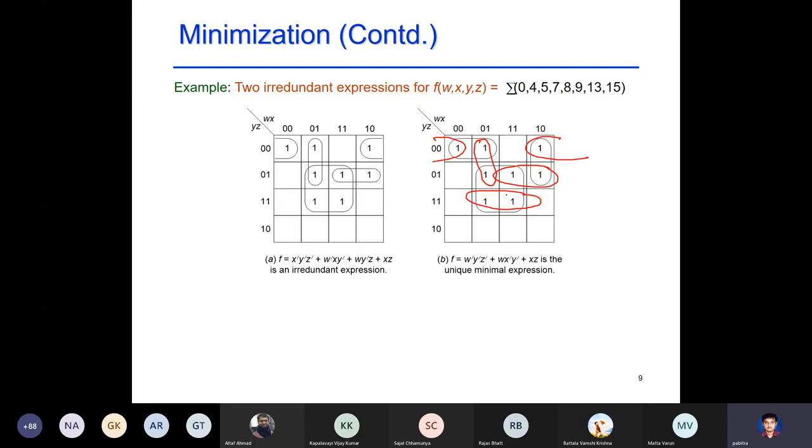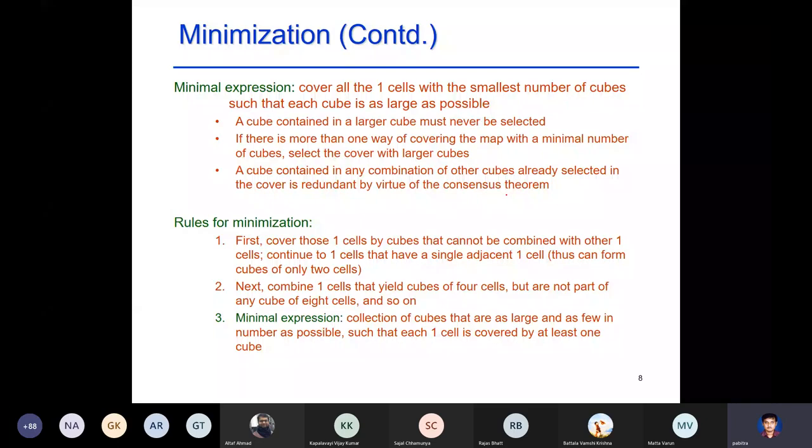Okay, so as I showed you, there are multiple Karnaugh maps you can form using a set of min terms for a single function, but we would like to have the minimal one. Minimal in the sense that it gives you the smallest expression after elimination. So here is the rule.